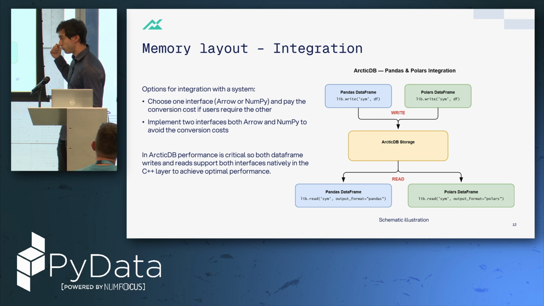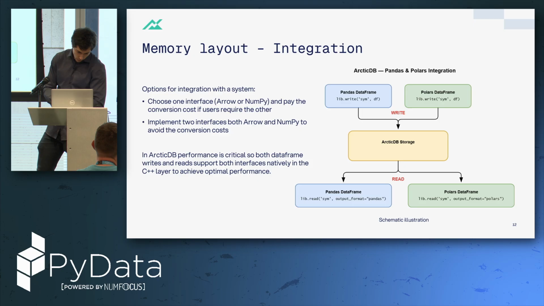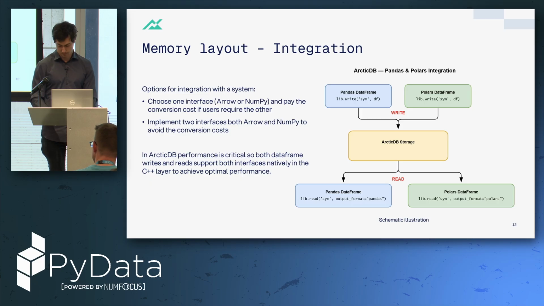And it can do the same with the Polars data frame. And on the read side, we can decode what we read from storage directly into Pandas memory layout or into Polars memory layout. So with this double integration, we can actually achieve good performance in both cases.